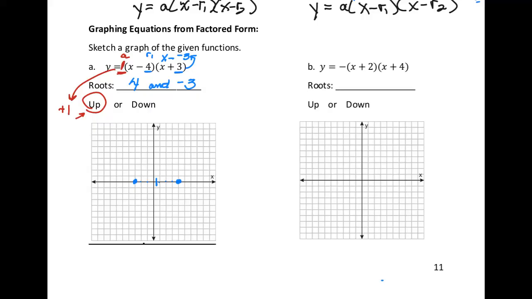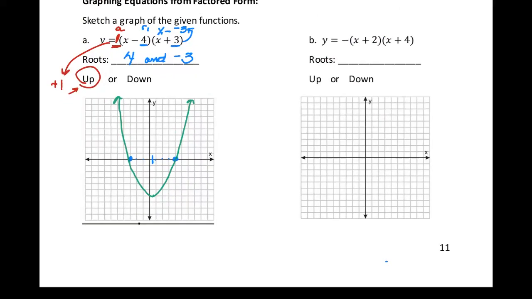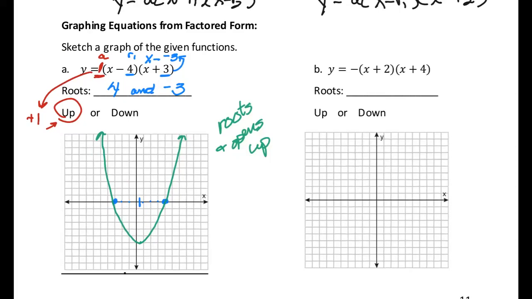So we just need to go like this. We don't know where the vertex is. We're just doing a general graph. Going through the roots and opening up. That's all we need. Okay? Questions on that? All we need are the roots and opens up. All right, let's take a look at B.